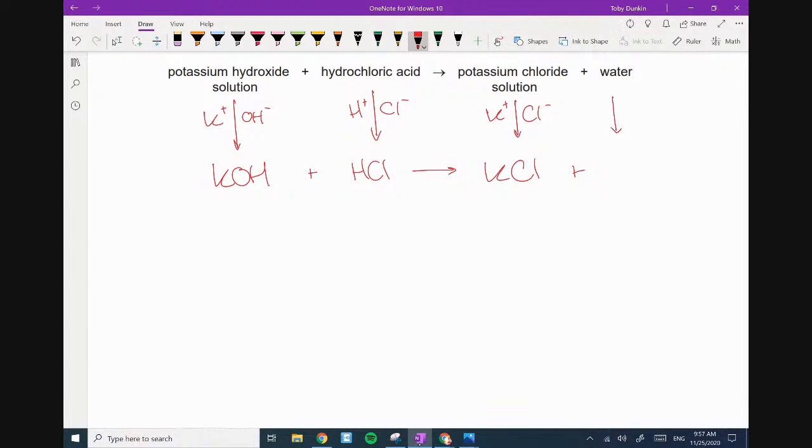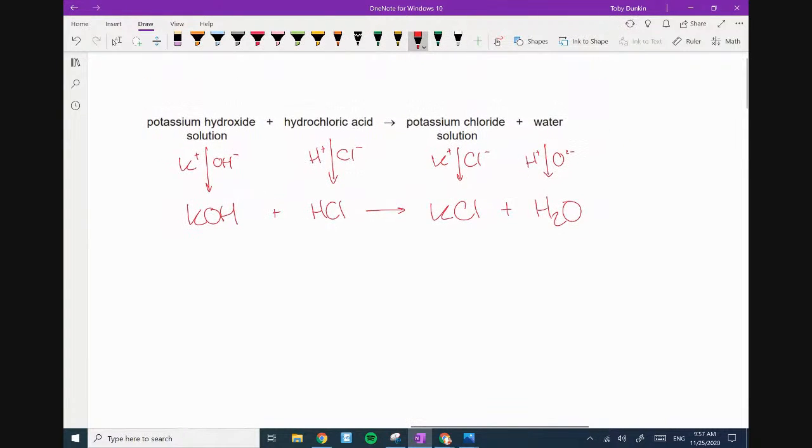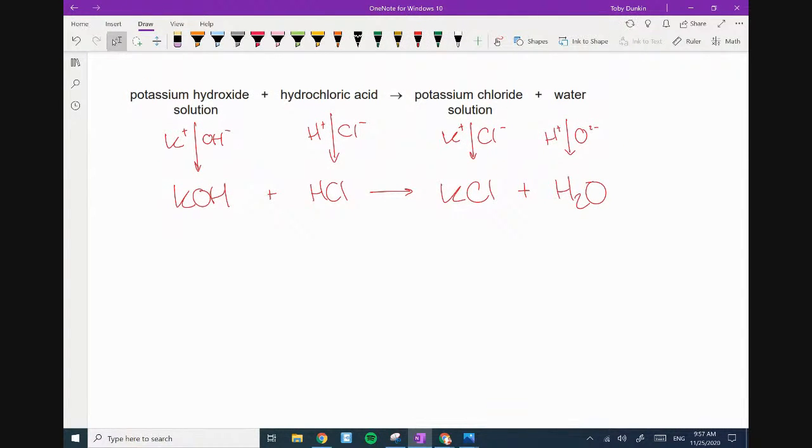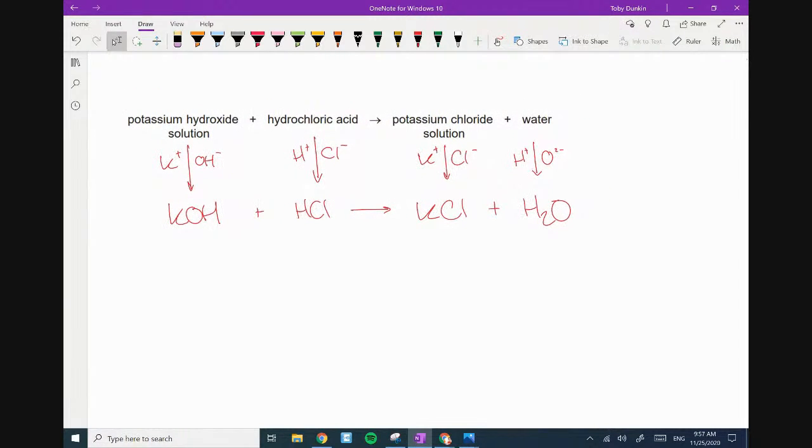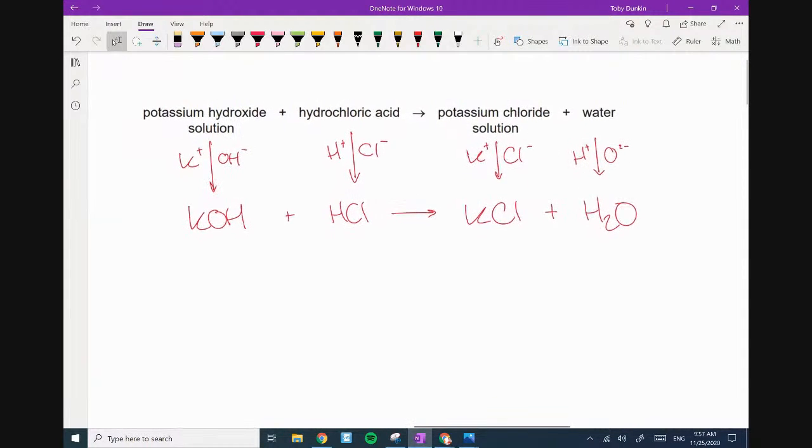And water, H plus and O2 minus, H2O. Now don't forget to balance if needed. 1 potassium, 1 potassium, 1 oxygen, 1 oxygen, 2 hydrogens, 1 chlorine. It already balances. How nice is that? Oh, that's very typical. It's already balanced.